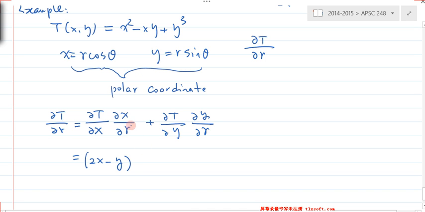And then dx over dr, so this is x. You treat theta as a constant, basically you treat cosine theta as a constant. So dx over dr is simply cosine theta. dt over dy, you treat x as a constant now. So negative x, 3y squared. dy over dr, so sine theta.